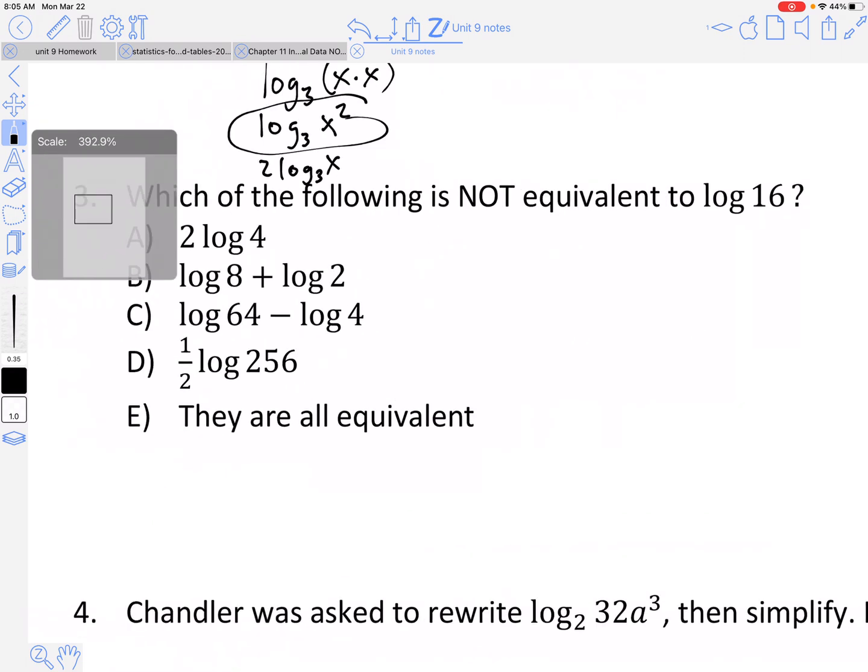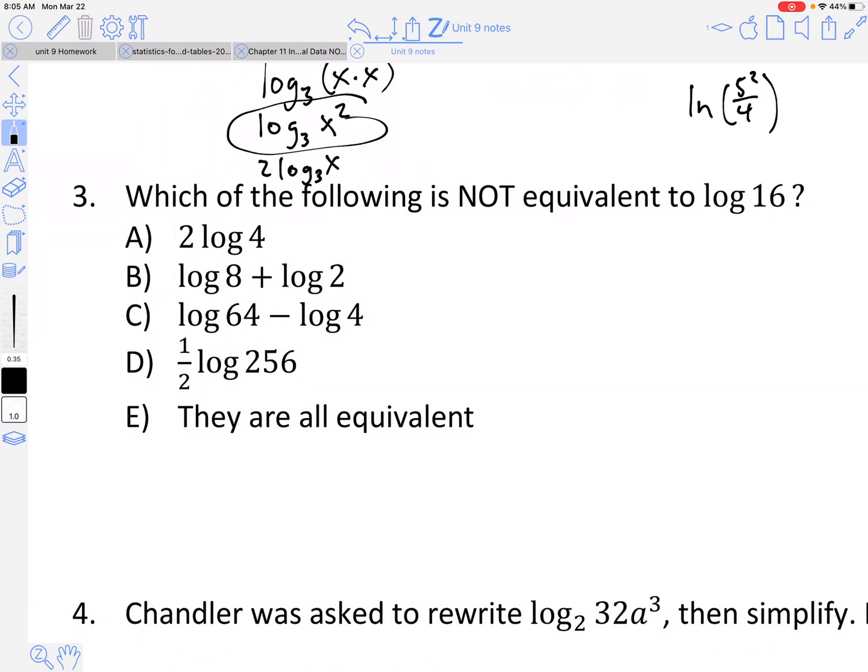Okay, which of the following is not equivalent? So we could put these all into our calculator, but that's going to give us log 4 squared, which is log 16. This one's going to give us log of 8 times 2, which is also log 16.